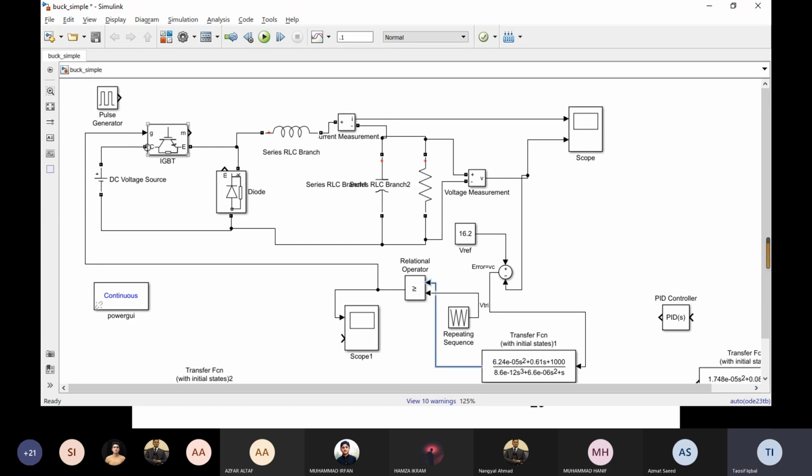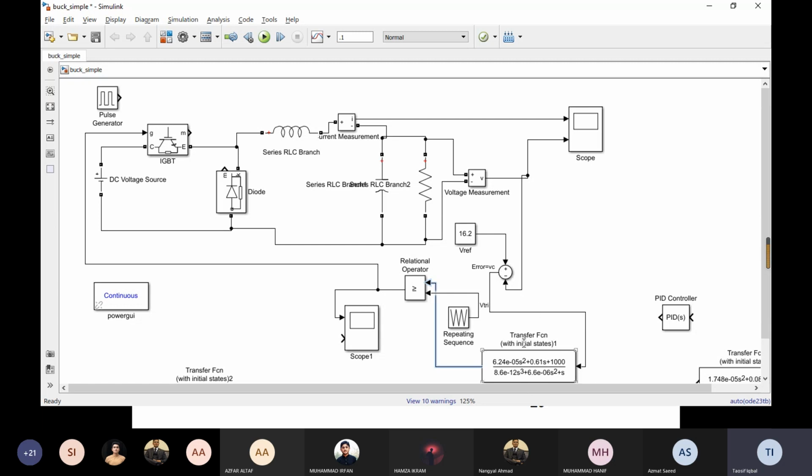So the power line is basically the current line. From that current line, you need to include the measurement blocks so that you can take the information, plot the data, current, voltage, and use the feedback. For that purpose, you need measurement blocks, a current measurement block and a voltage measurement block. So we take the output voltage measurement and use a summer to take the difference between the reference point and the output voltage.